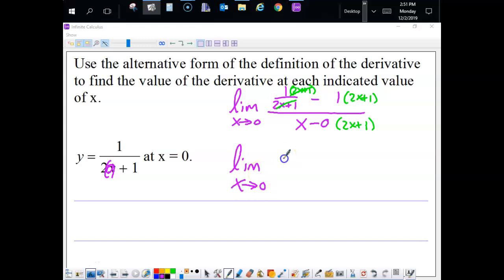We have 1 in the front now, because those are all gone, minus 2x plus 1 over x times 2x plus 1. Don't really need the minus 0, so I just put x instead of x minus 0. All right, let's go ahead and distribute our negative here.